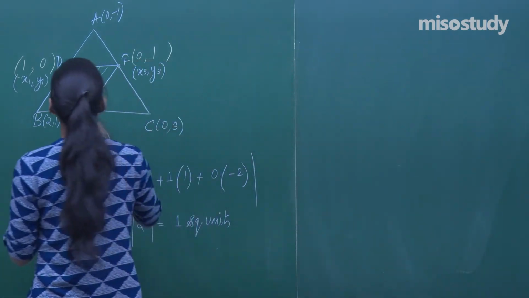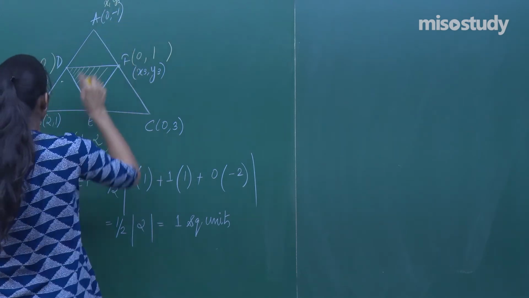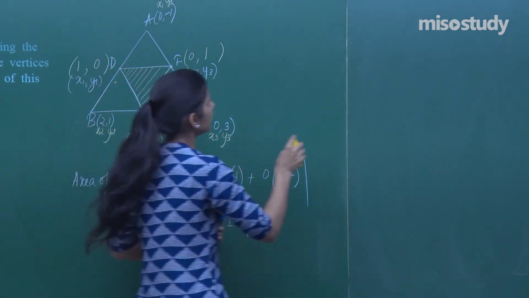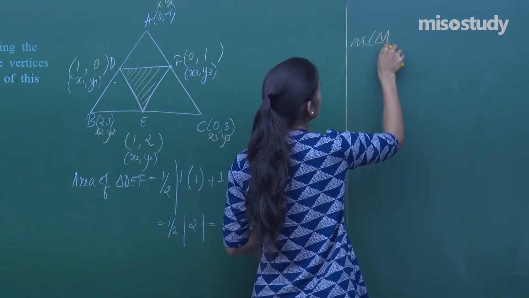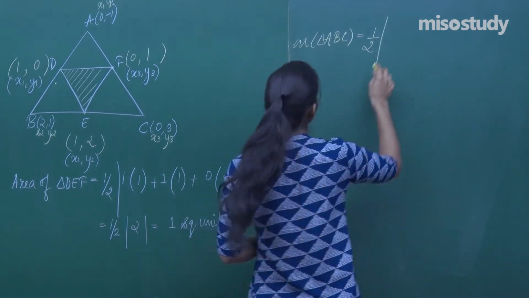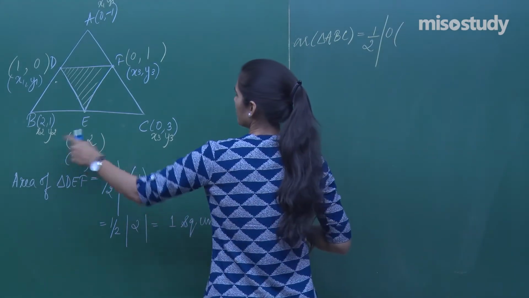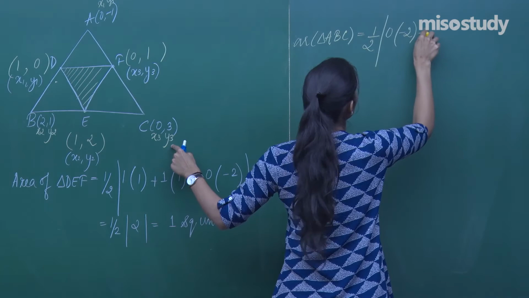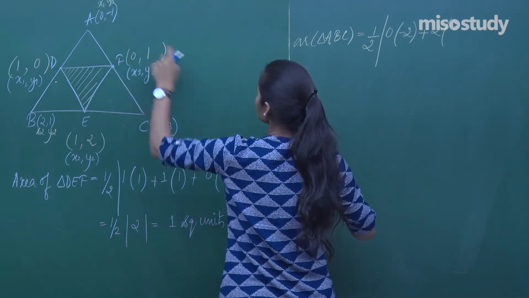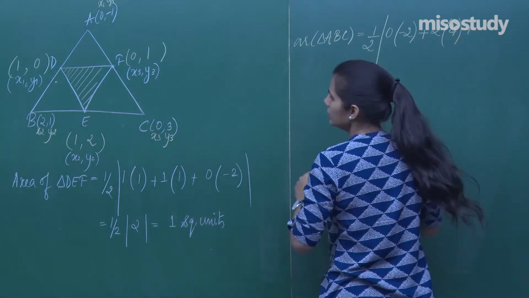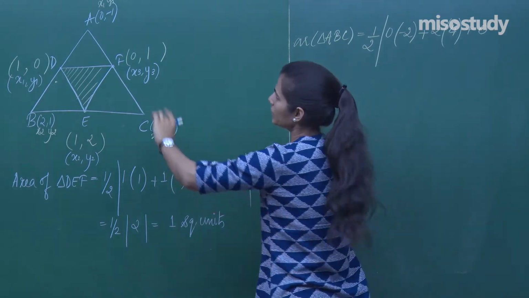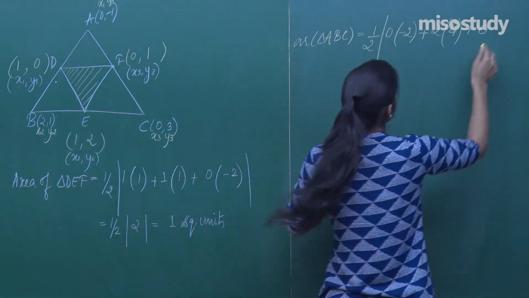So you now consider this as x1, this as y1, this is x2, this is y2, this is x3, this is y3, and area of triangle ABC is equal to half mod of x1 (y2 minus y3), 1 minus 3, that is minus 2, plus x2 (y3 minus y1), 3 minus minus 1, that is 3 plus 1, that is 4, plus x3 (y1 minus y2). So you have minus 1, that is minus 2.